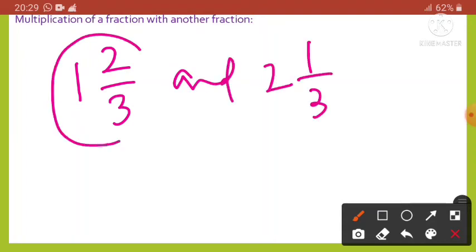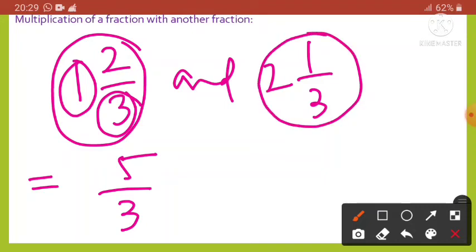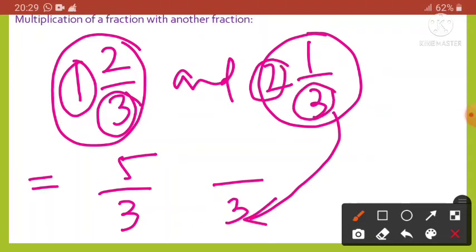At first we convert the mixed fractions into fraction form. It will be 3 into 1, that is 3, 3 plus 2 is 5, and below it is 3. For the next, the denominator will be the same, 3, and 3 into 2 is 6, 6 plus 1 is 7. So it is 7 by 3.